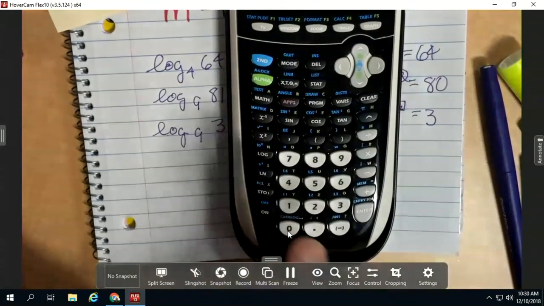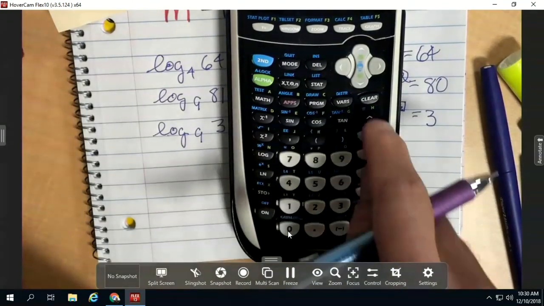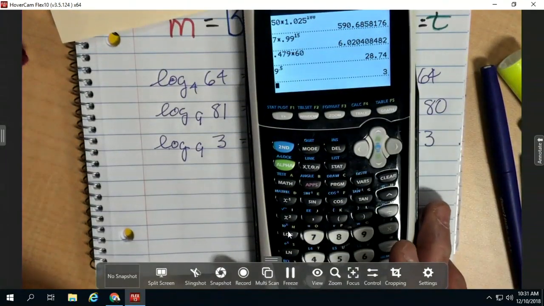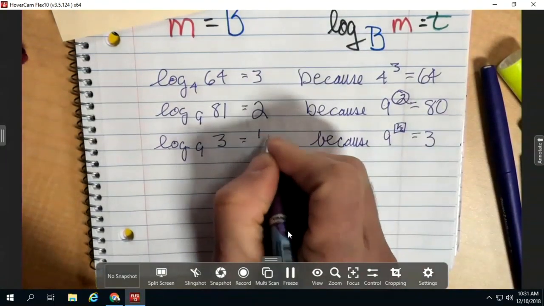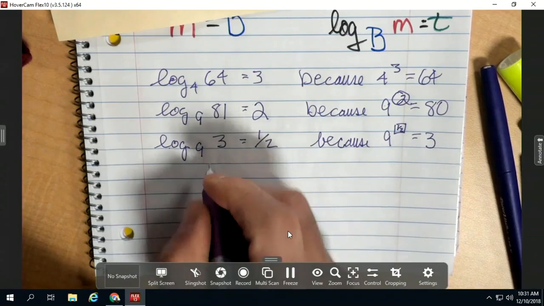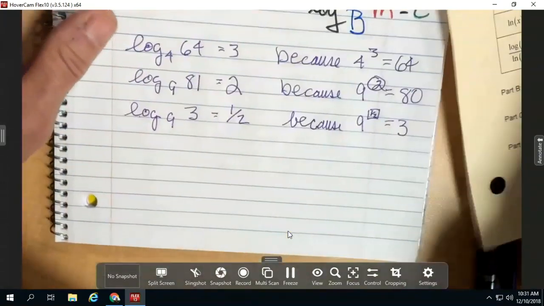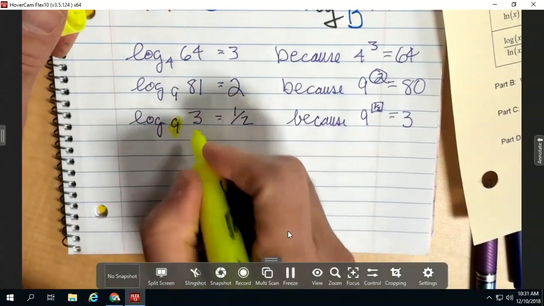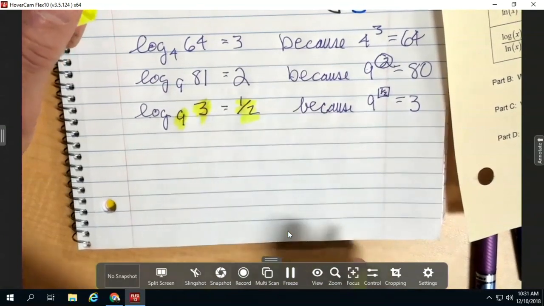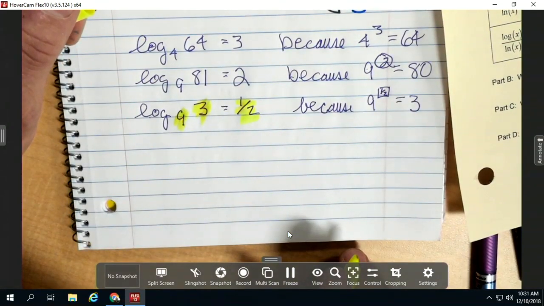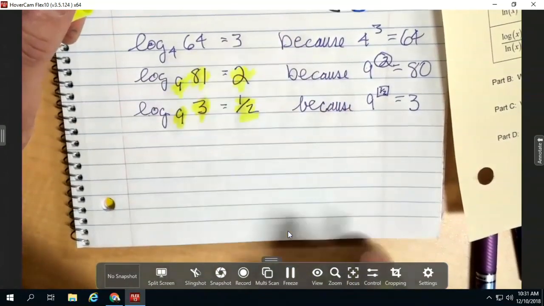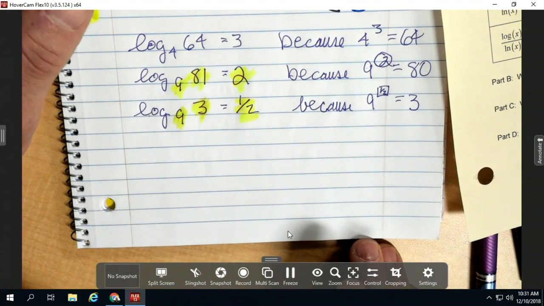Let's try it just to make sure. 9 to the 1/2 is 3. So the log base 9 of 3 is 1/2. Here's one clue about that. If the base is bigger than the number, then the logarithm is less than 1. If the number is bigger than the base, the exponent is greater than 1.